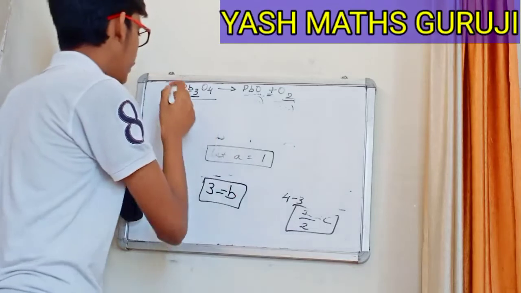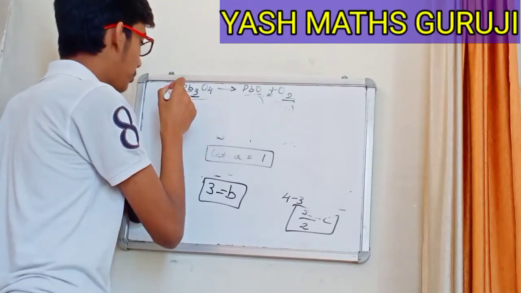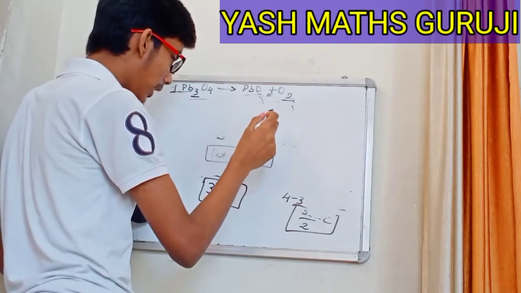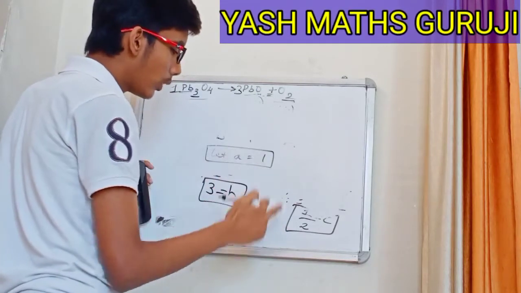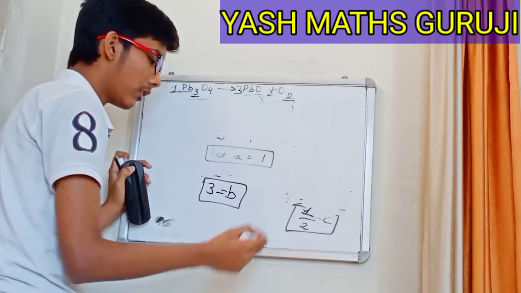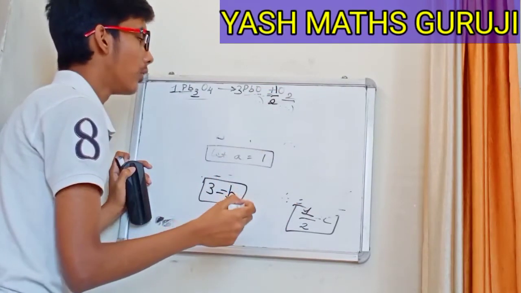For A we have imagined that Pb3O4 is A, so we will put the value 1. For B we have imagined PbO as B, so 3 PbO, and we have imagined that O2 is C. So what is the value of C? 1 by 2, so we will put 1 by 2 in front of O2.